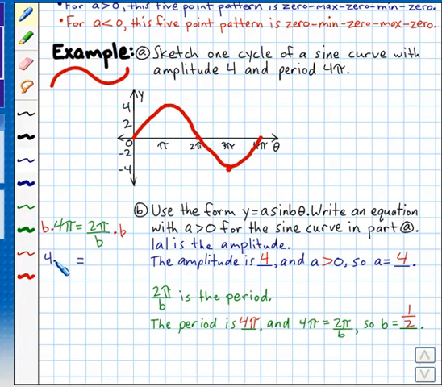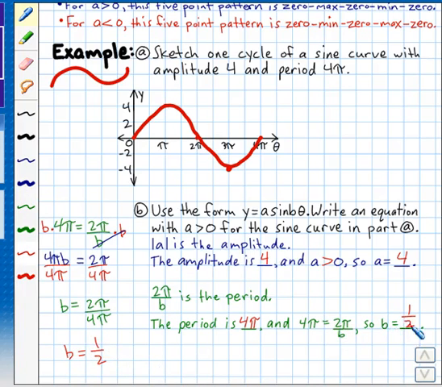That'll give us 4 pi times b equals 2 pi, because the b's cancel on the right side. Now we want to divide by 4 pi on each side of the equation to isolate b. And we get b equals 2 pi divided by 4 pi, which reduces to 1/2.